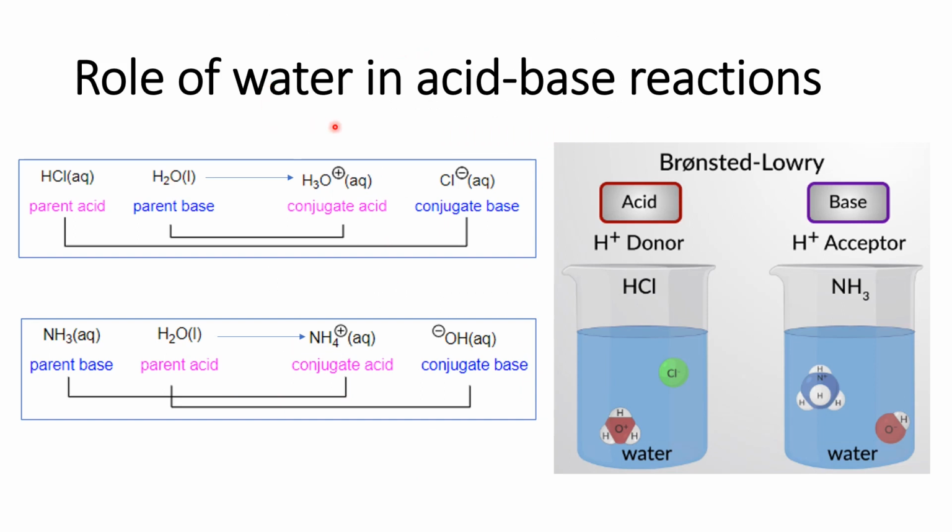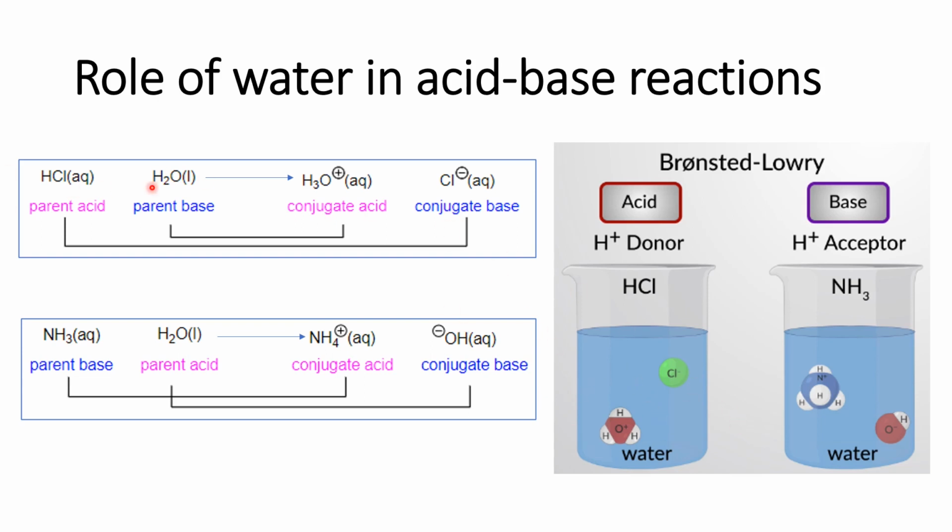Now, what is the role of water in any acid-base reaction? We know that an acid is an H+ donor, a proton donor. So if we take an acid, HCl, and add it to water, this HCl will give up its H+, and that H+ will be taken up by the water to form H3O+.